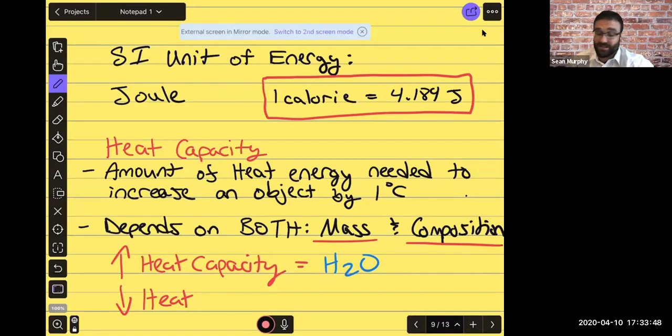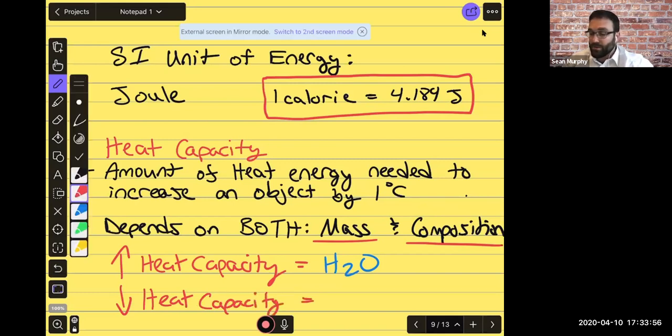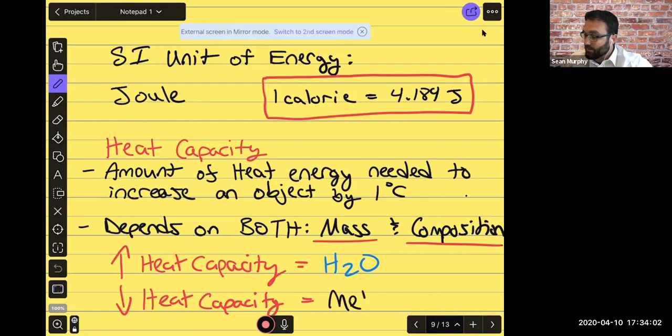Your capacity for storing is very low, which is indicative of something that's a good conductor, and that would be metal. So metals, again, are good conductors of heat, bad storers of heat. Water can absorb a lot of heat without changing its temperature. Metals change their temperature very, very quickly, okay?